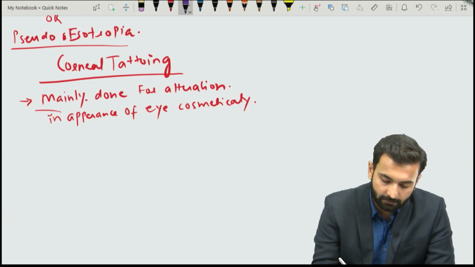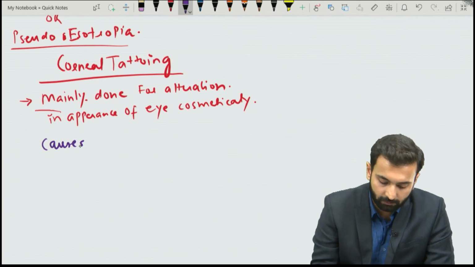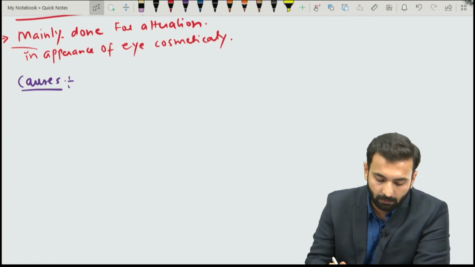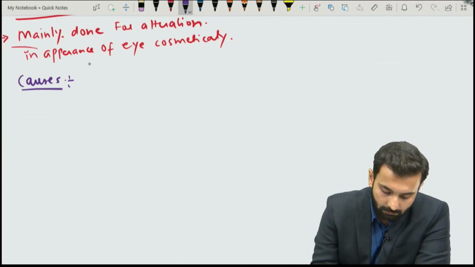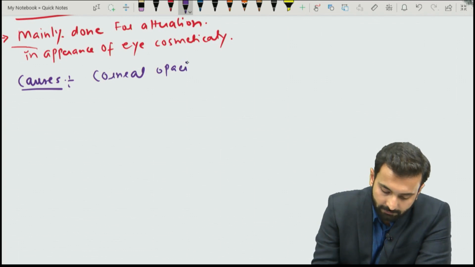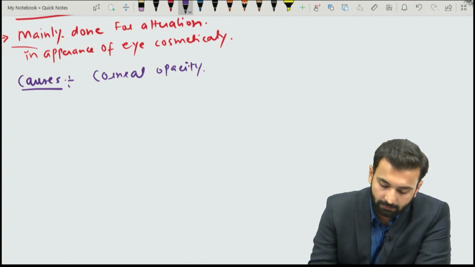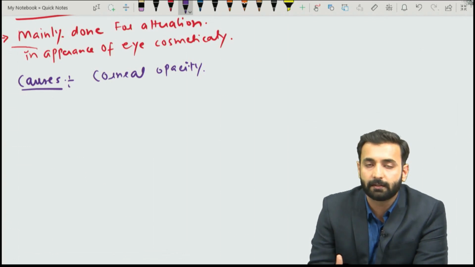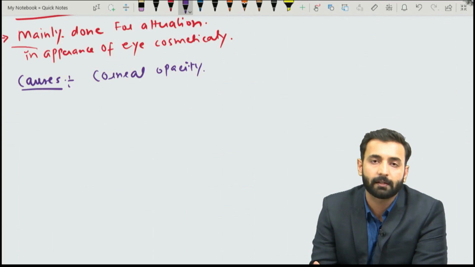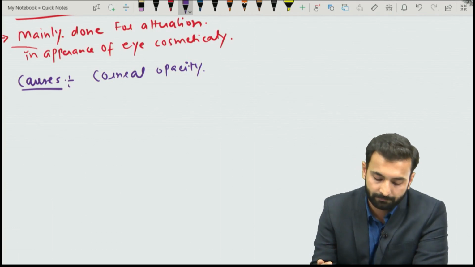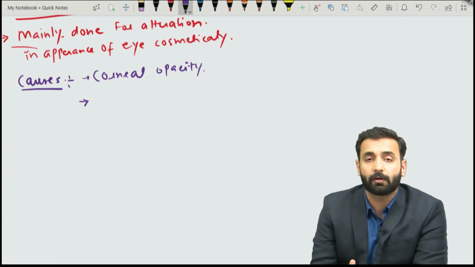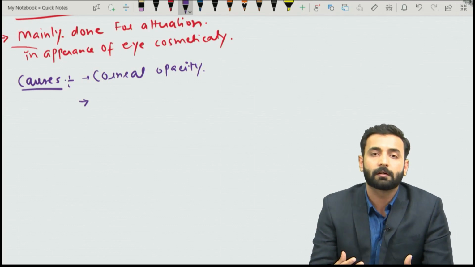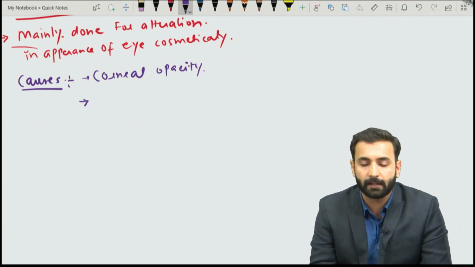So write down the causes. The leading cause is corneal opacity, due to glaucoma, cataract or keratitis, right? These are the causes of corneal tattooing, and it is the most leading cause. In some conditions, corneal tattooing is also done to improve the eyesight of patients.